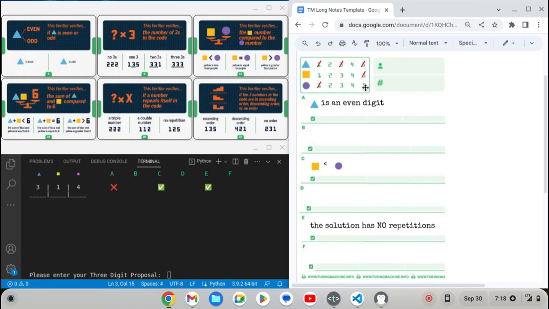So notice that we did not test criteria card B, where the Turing Machine will let us know how many digits are 3. We also did not test criteria card D, where we compare the sum of the first 2 digits to the number 6. And we didn't really test criteria card F, the ordering of the digits.